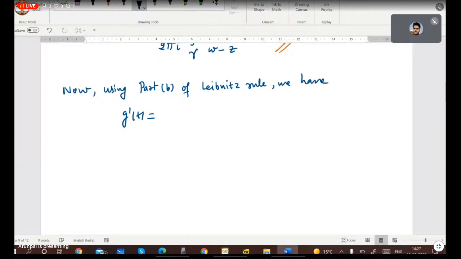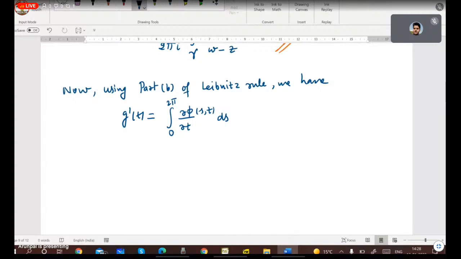G dash t is equal to the integral from 0 to 2 pi of del phi by del t (s, t) ds. Is this okay, class? Yes, sir. Right?